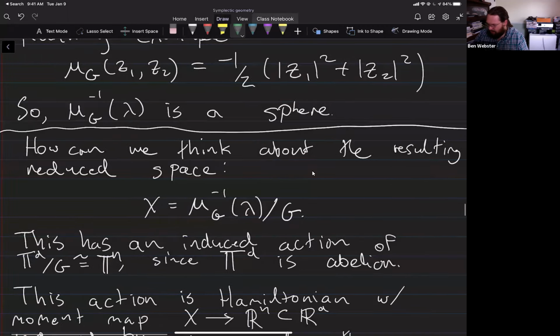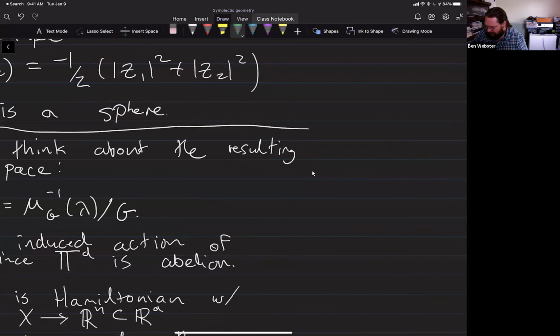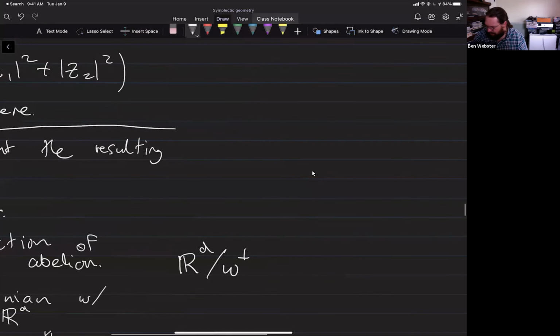Basically because we've chosen an isomorphism of, let me see if I can get this right. If we think on the level of Lie algebras, what we're doing is we're taking RD mod W perp, well, that's W dual.